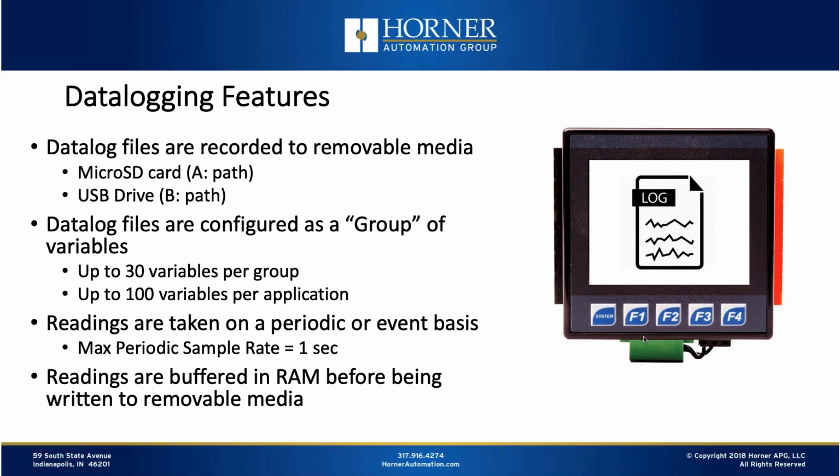And just a little hint here, we're going to take advantage of that trigger approach to do things faster than every second. But for the standard data logging feature, readings are buffered into RAM before they're written to removable media. So the OCS reads the data, buffers it, and then gets the data onto the removable media through the firmware. That's more or less how the data logging works.